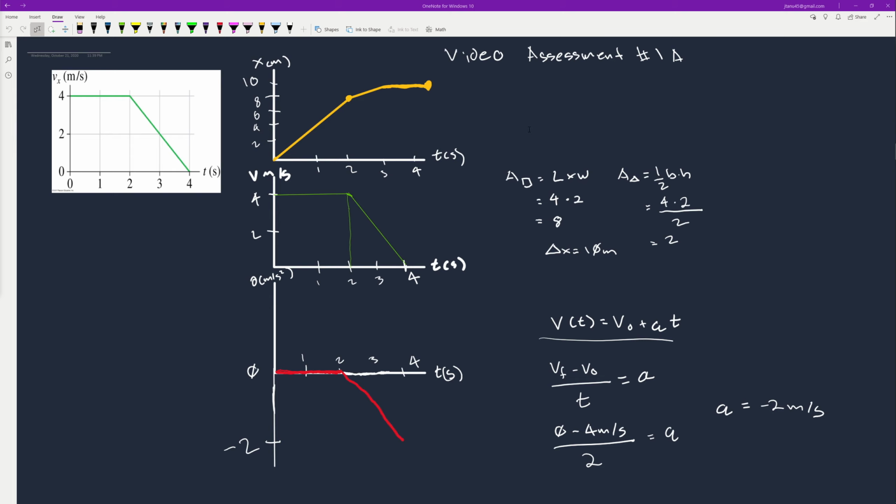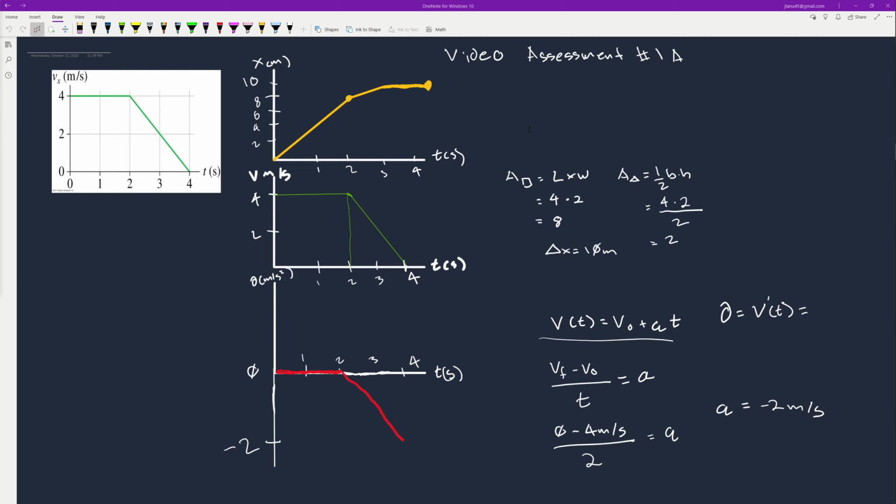So we can look at our velocity graph and say the slope of velocity from 2 to 4 seconds would be 4 over 2. We'll write it this way: acceleration is equal to the derivative of velocity in relation to time, which is just going to be rise over run.